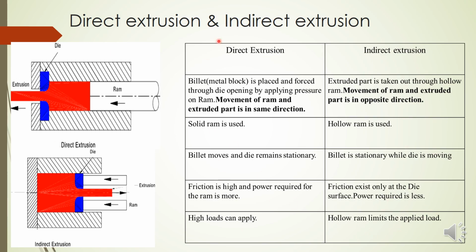So this is a very important topic. If it is asked, we have to draw a neat figure of direct extrusion and indirect extrusion, mark billet, die, the movement of the ram and extruded part, etc., and identify these differences.